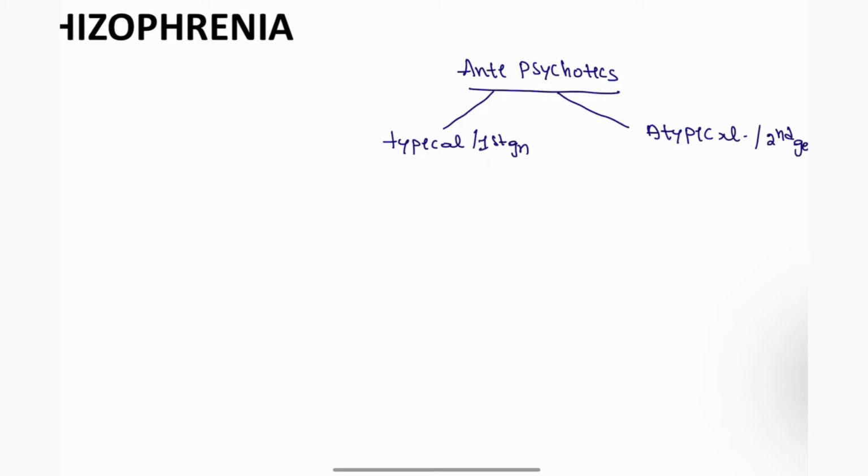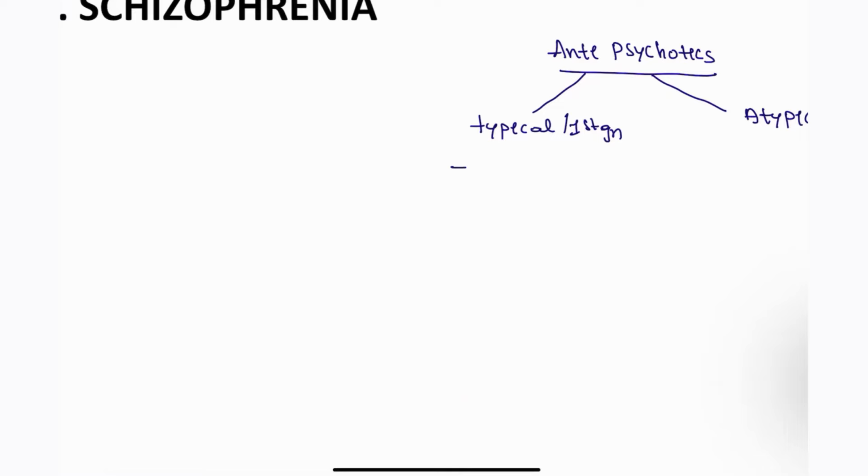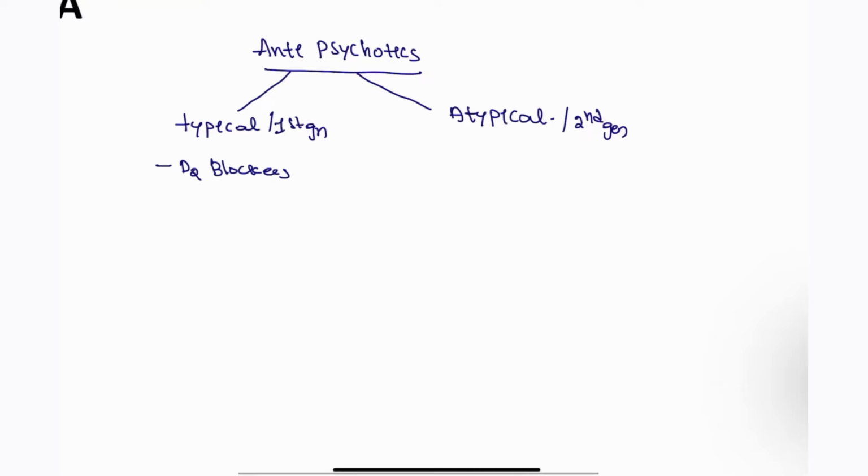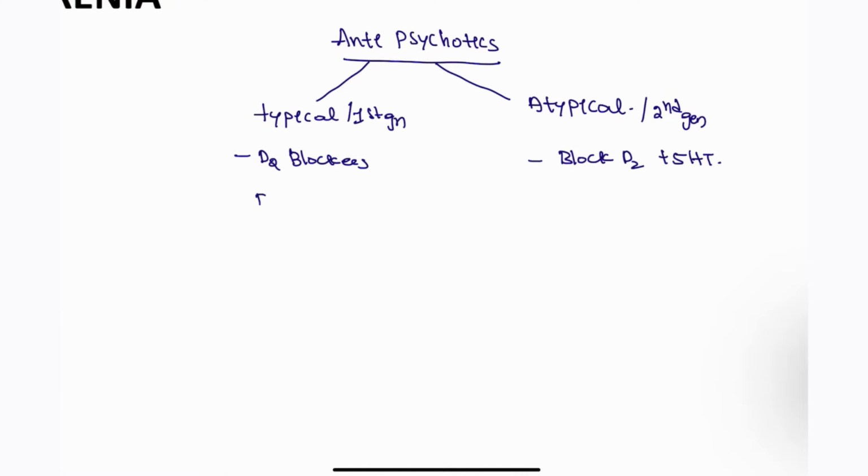Okay, so the first generation drugs are going to be D2 blockers. Dopamine D2 blockers, and these drugs are going to block D2. Along with that, serotonin is also going to be blocked here. And when you are blocking D2, extrapyramidal tracts will be affected, so the side effects will be more. Here, extrapyramidal symptoms will be decreased in this condition, right?